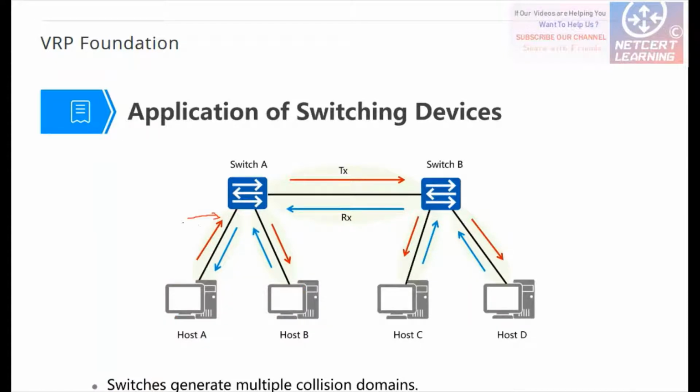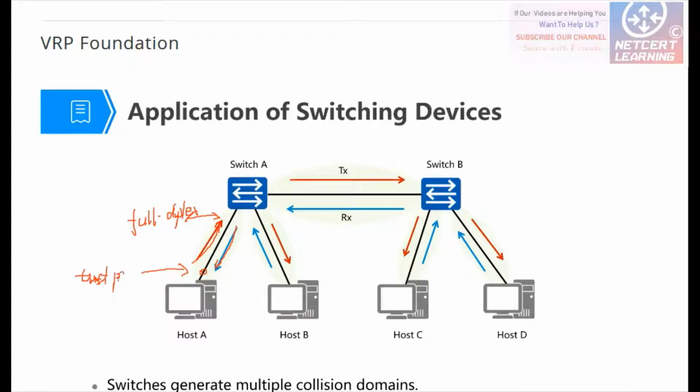And even more, if this link works in full duplex, that means when host A sends data to the switch, the switch can send data at the same time to host A. The two sides can send data at the same time. Of course, because the switch is introduced, this cable is no longer coaxial cable. It's a twisted pair.